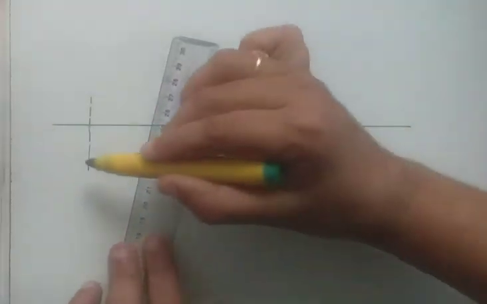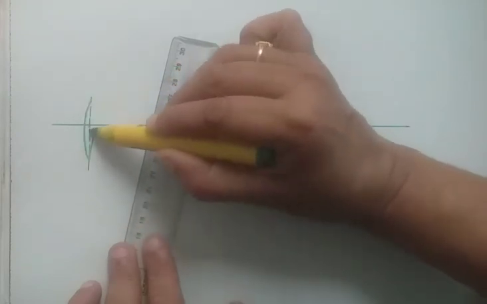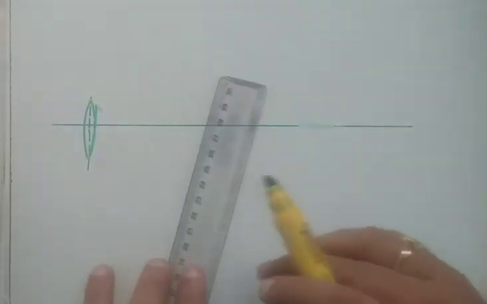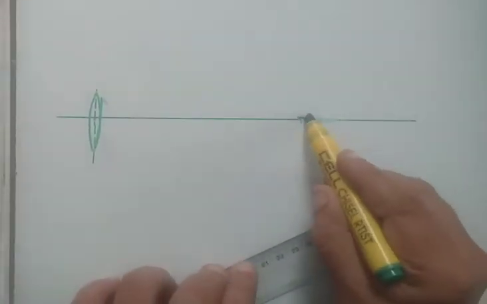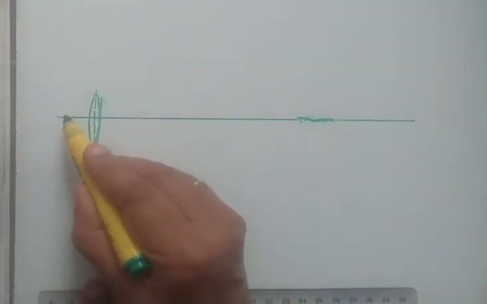So I write lens like this. This is the lens, objective lens. Now we write principal focus there.